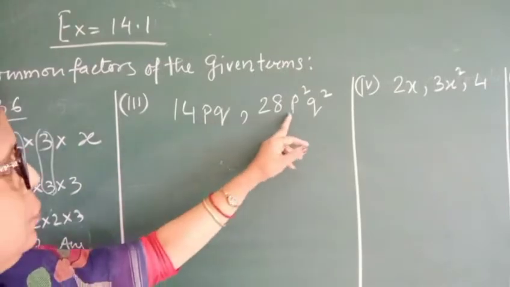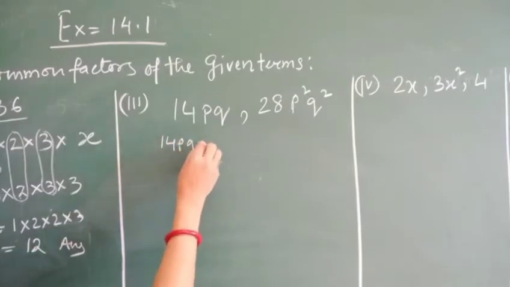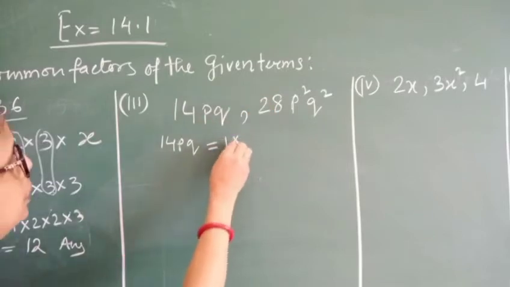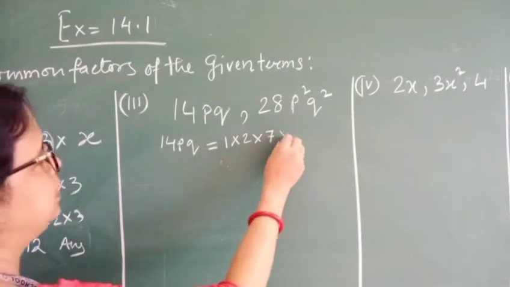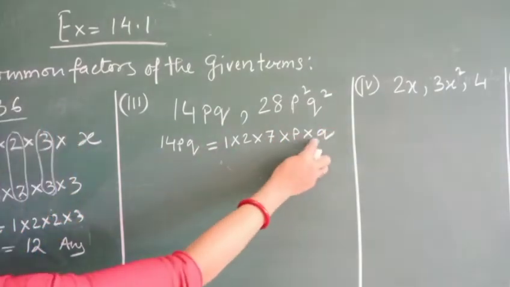14pq, comma, 28p square q square. 14pq: 14 means 2 into 7. If you want to write 1, then 1 into 2 into 7, and then p and q; p and q are also factors.